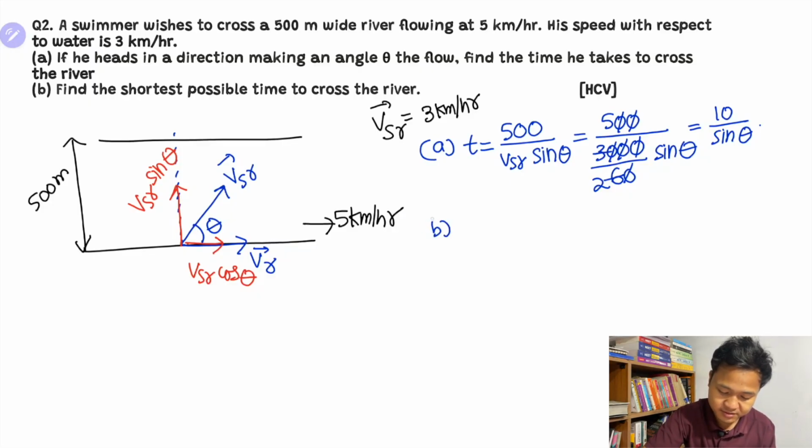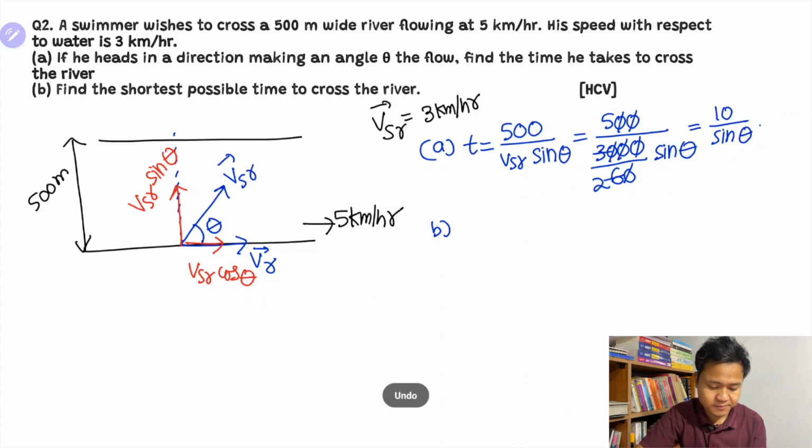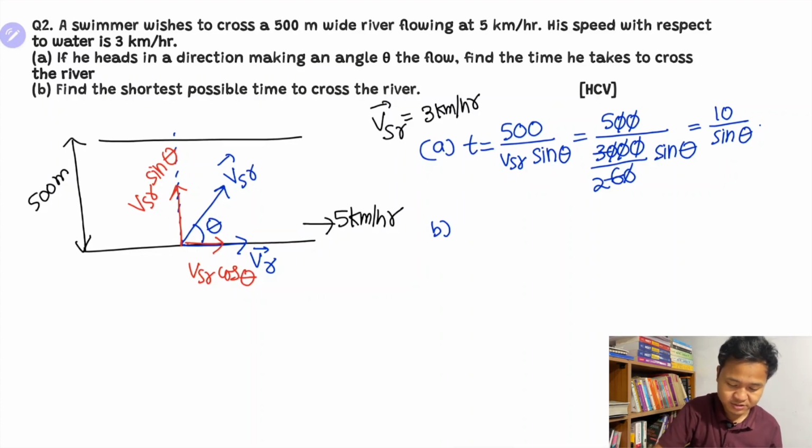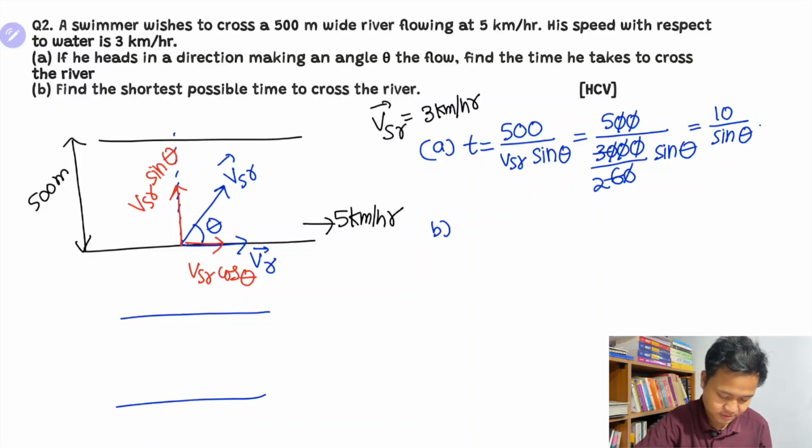And B part. What is the B part? Find the shortest possible time. Now they ask you the shortest possible time. For the shortest possible time, I will just try to redraw something. Here I have one vertical component.